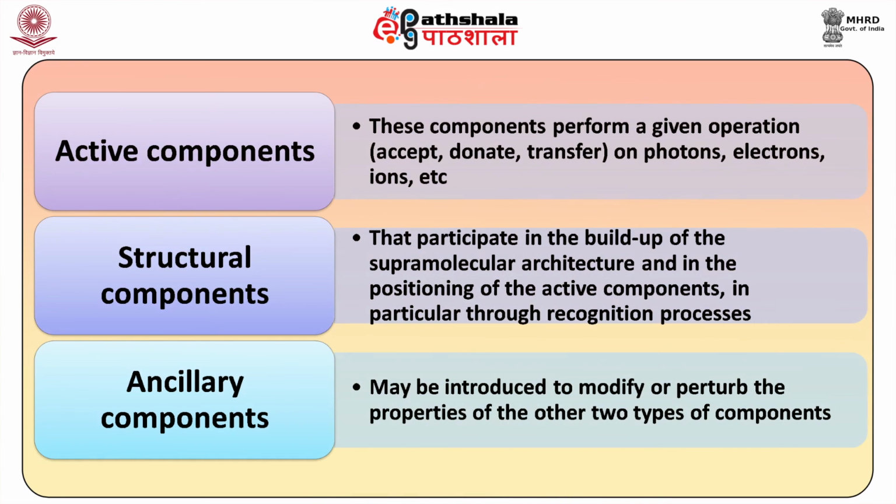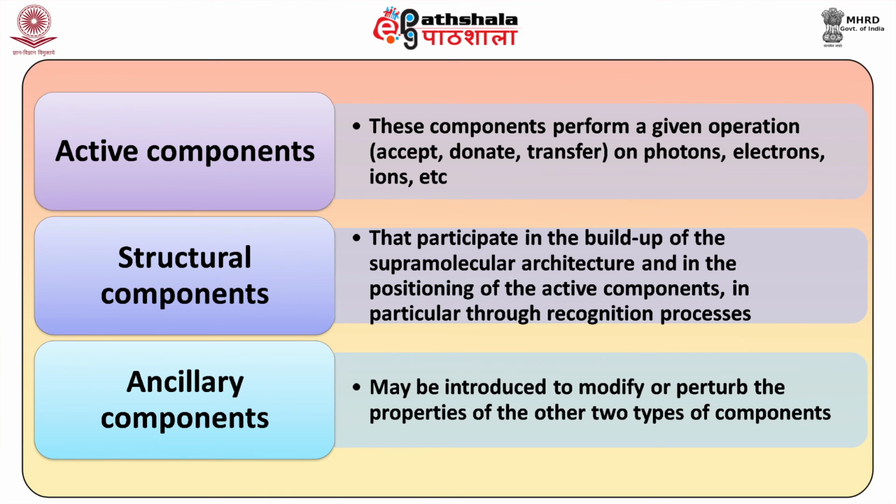Two basic types of components may be distinguished henceforth. First one will be the active components. Active components are the components which perform a given operation, that is acceptance or donation or the transference of photons, electrons or ions. Students, now the second type of component, that is the structural components.